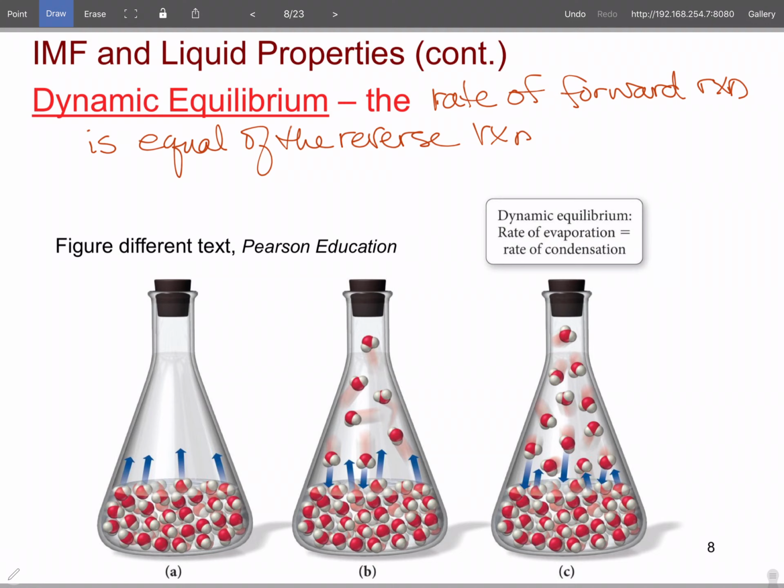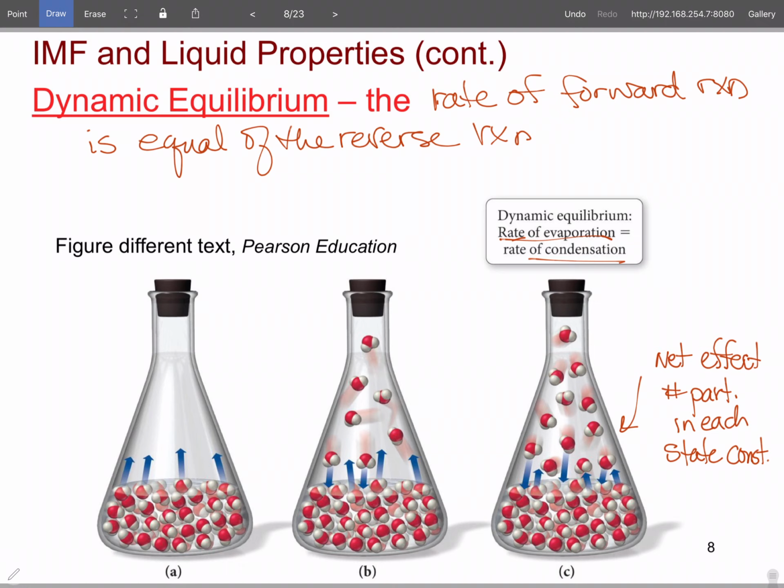So what happens here is once you've reached equilibrium, you're evaporating at the same rate as you're condensing. So the net effect is that the number of particles in each state remains constant. Now, this can be reactions, this can be processes, this can be a variety of things.